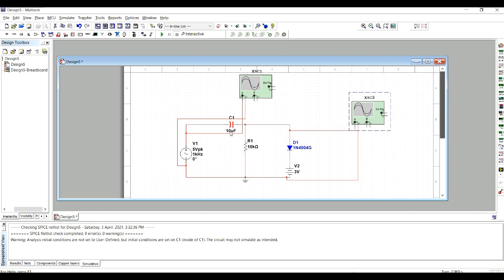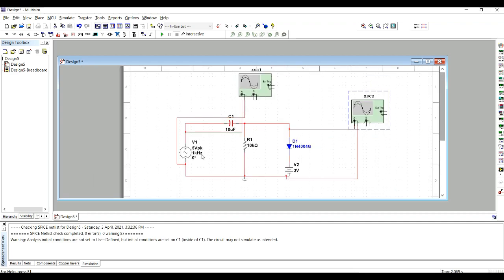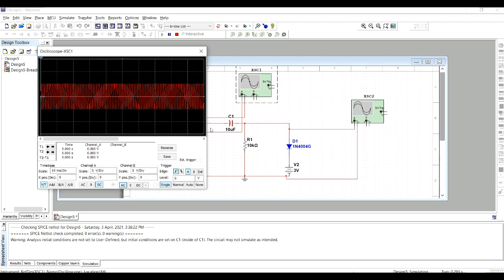And here we have our capacitor at 10 microfarads and our resistor 10 kilo ohms, and our diode, which is the 1N4004 with an additional DC voltage of 3 volts over here. Then we have connected the oscilloscope for the AC input, and also to our diode, which is the clamper in this case. And I will now run the simulation.